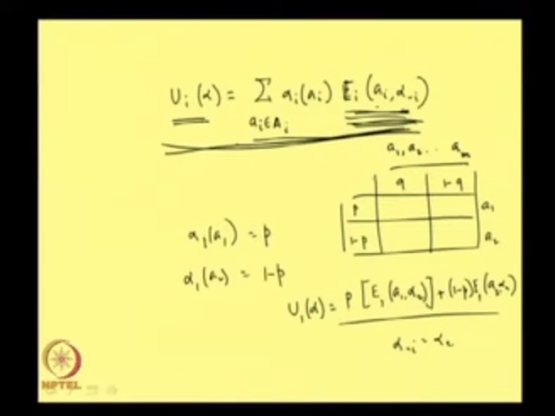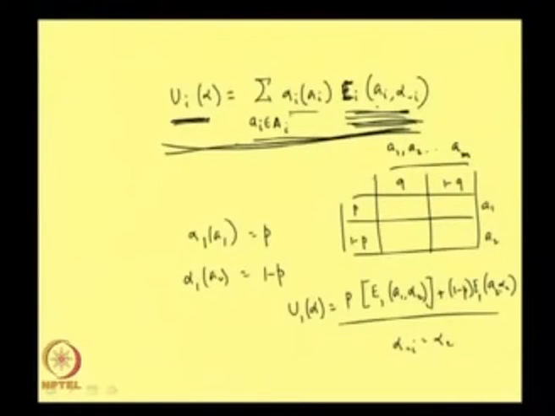Now, our point is the following: if there are some actions for which the expected value, this EI, is equal to this value alpha I UI alpha, and there are some AIs, that is, some actions for which this EI is less than UI alpha, then we are going to propose the following.